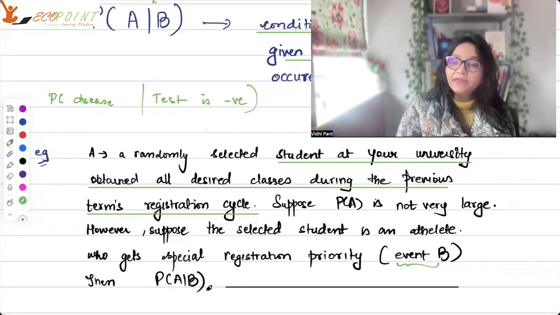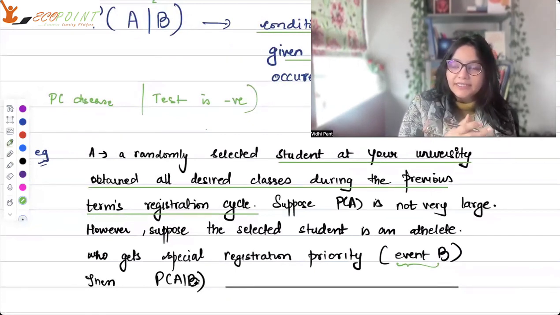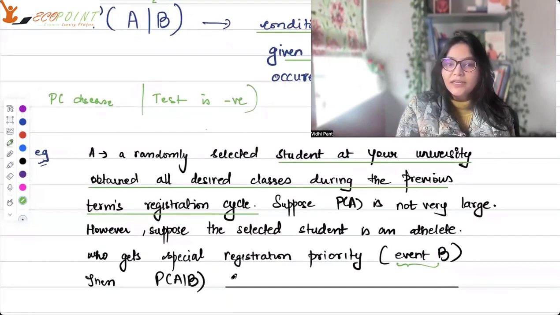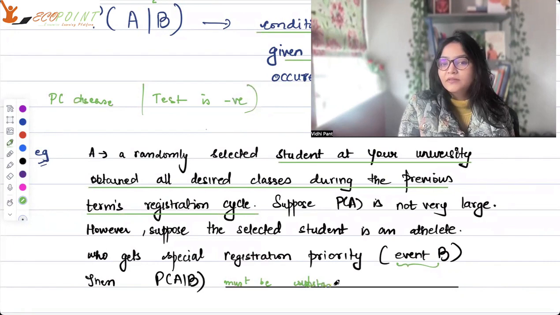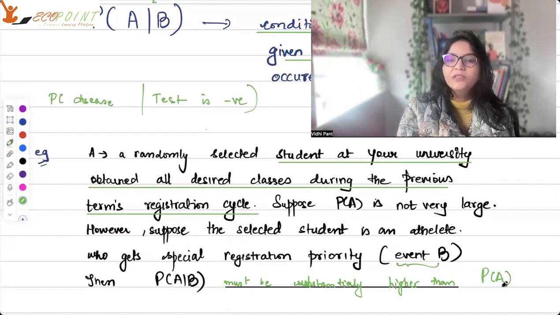Then probability A given B, when you know this student is actually an athlete and athletes get priority for registration, then the probability, given that this student is a sports person, that this person gets all desired classes must be substantially higher than the unconditional probability A, which does not assume the person is an athlete.